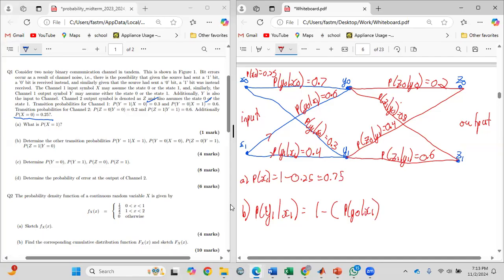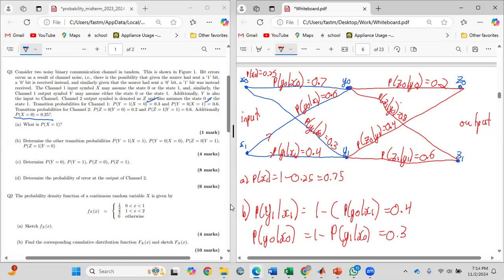So it was 1 subtract this, and you get 0.4. And you can do the rest in terms of the equation: y0 given x0 will be 1 minus the probability of y1 given x0, which is the 0.3 here. So that will be 0.7.